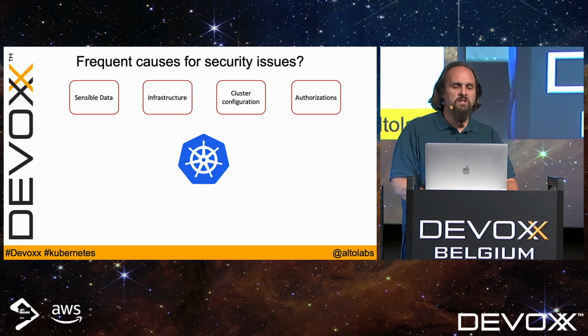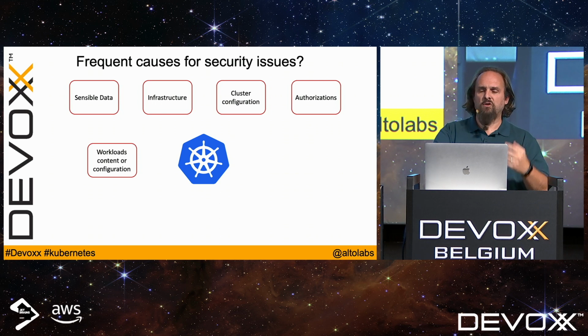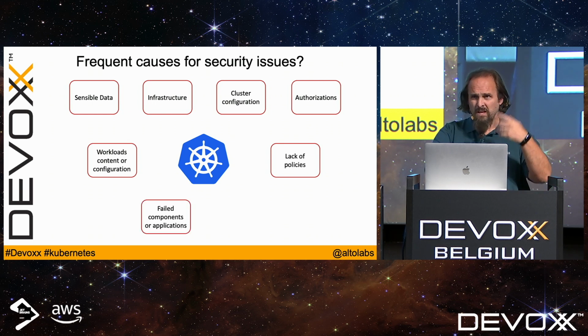Other aspects we deal with are authorization. We'll talk a bit more about that. But there are other aspects that we sometimes forget. For example, the workloads themselves that we deploy on the cluster and the way they are configured. The lack of policies, establishing company policies and enforcing those policies, can lead to security issues.